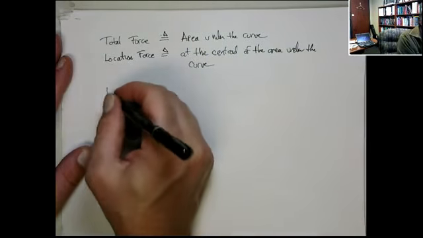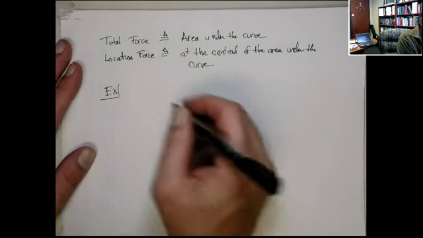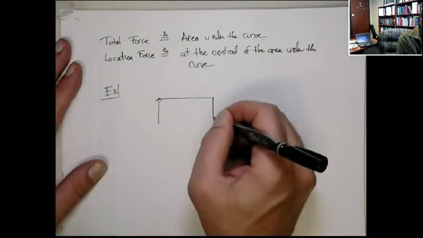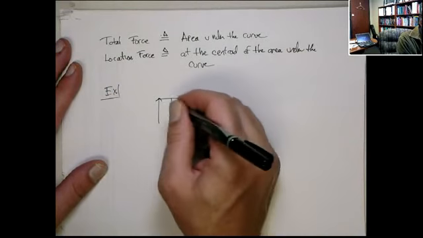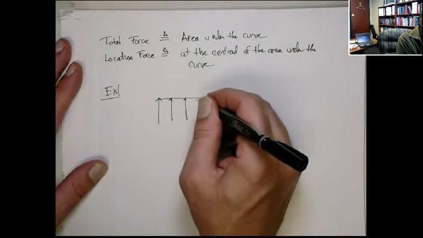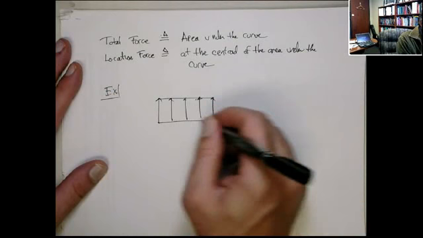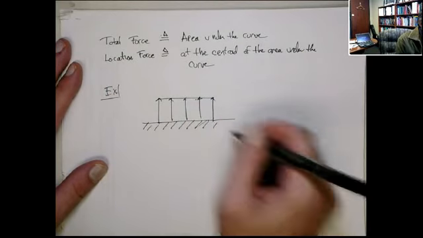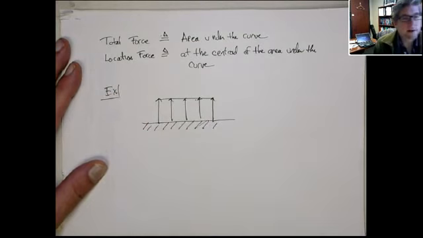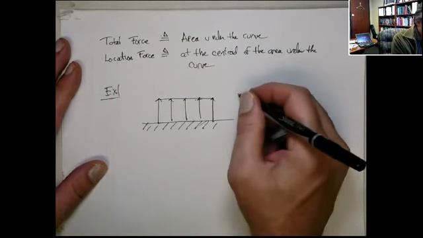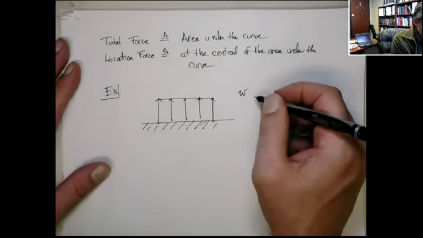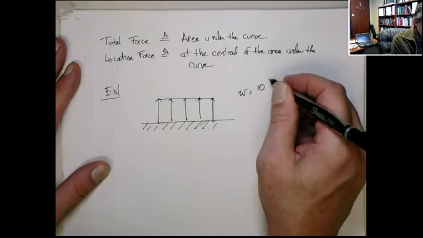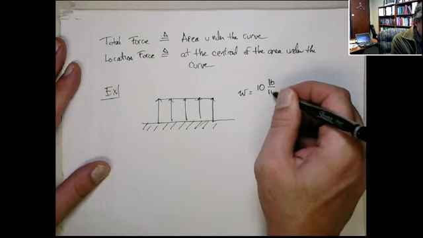So the obvious case is the uniformly distributed load, with a distribution of, let's say, 10 pounds per inch.